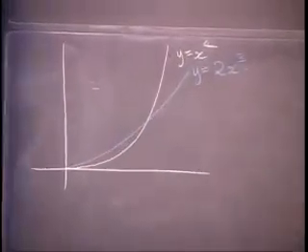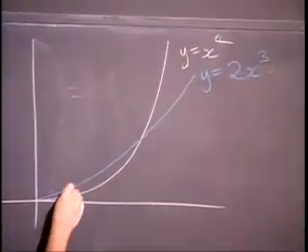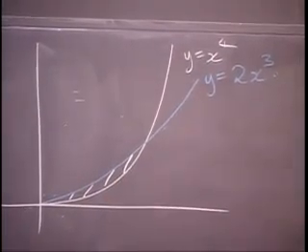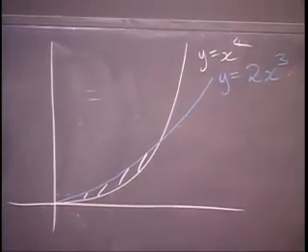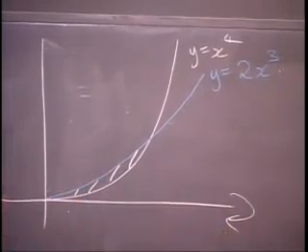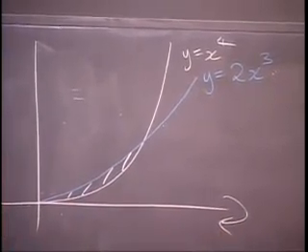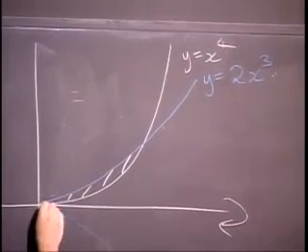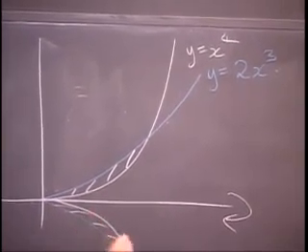Okay, there is some area in between. What I'd like to do first is revolve this area about the x-axis. So what will we get? Well, you will get a very thin funnel.